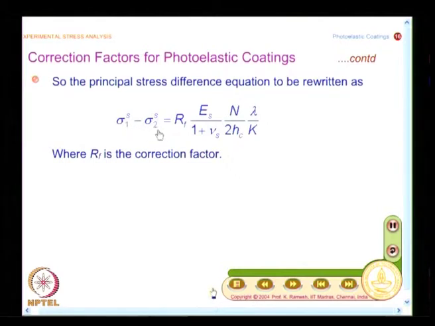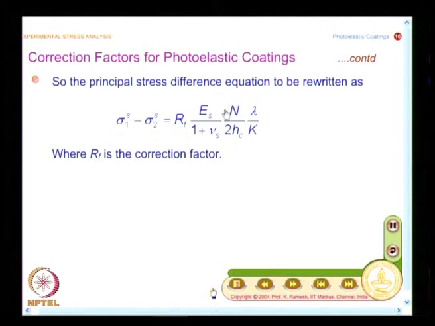The difference in principal stresses of the specimen, namely sigma 1s minus sigma 2s, is given as Rf into Young's modulus of the specimen divided by 1 plus nu s, into n by 2 h c, lambda by K. And whatever the discussion we had on color code is equally applicable in reflection photoelasticity.